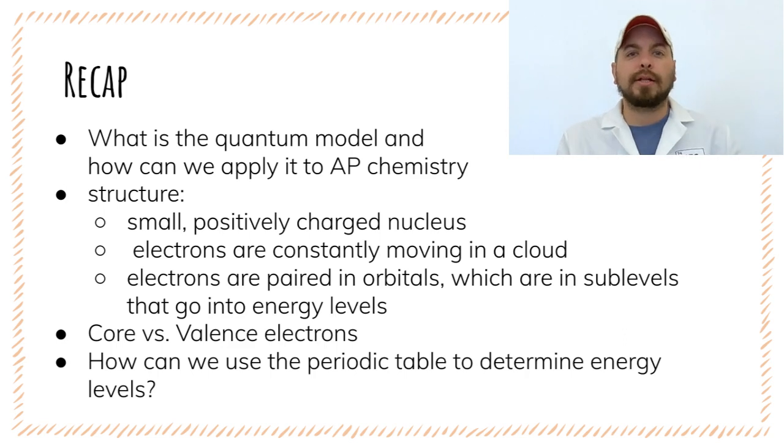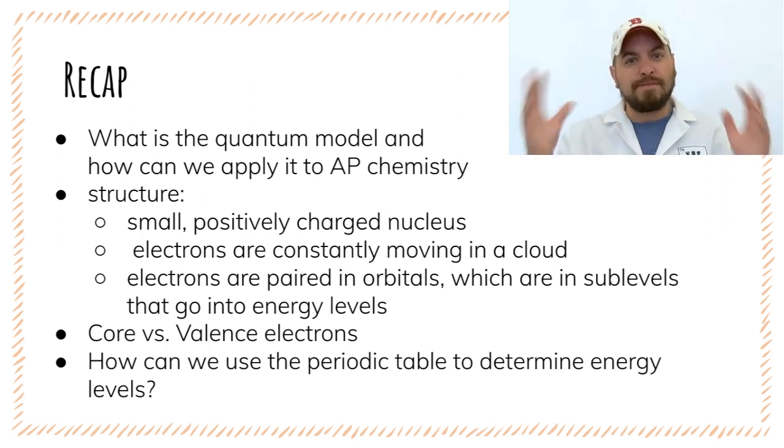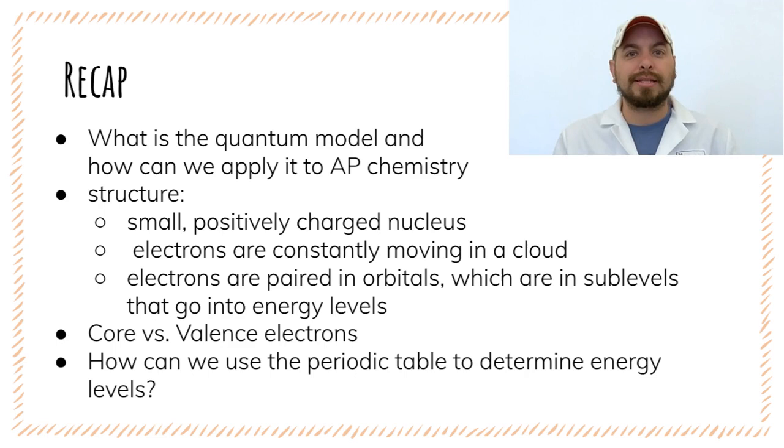We know that electrons exist in a cloud that is diffuse and low density surrounding that nucleus. Those electrons are constantly in motion. They are existing in areas called orbitals. Those orbitals make up sublevels. Those sublevels make up energy levels or shells. And in the end, core electrons and valence electrons are going to impact the size and behavior of the atom.